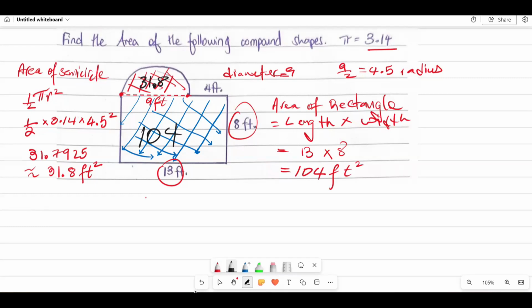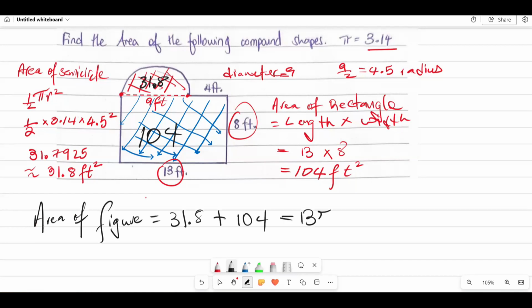The area of the figure is going to equal 31.8 plus 104, and we're looking at 135.8 square feet. All right, so that is our first question there.